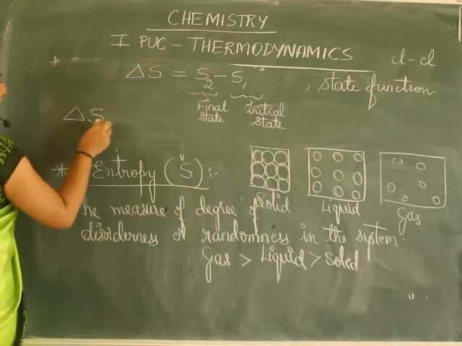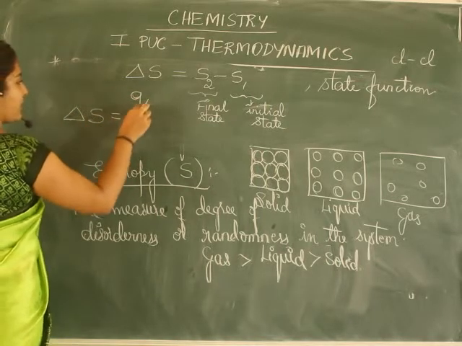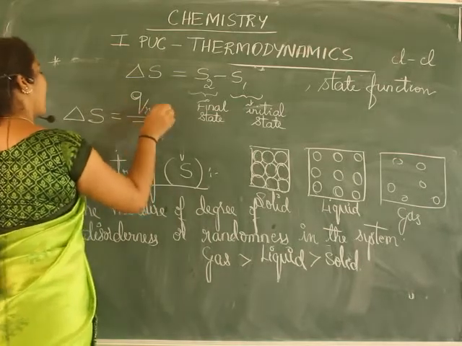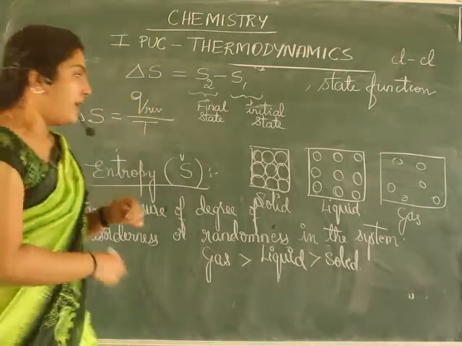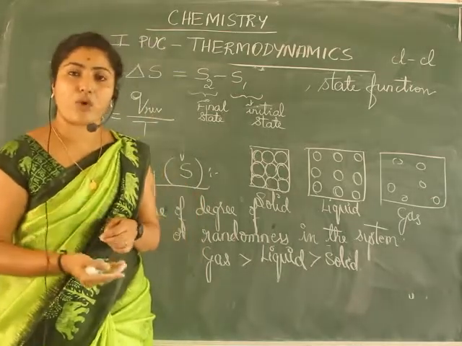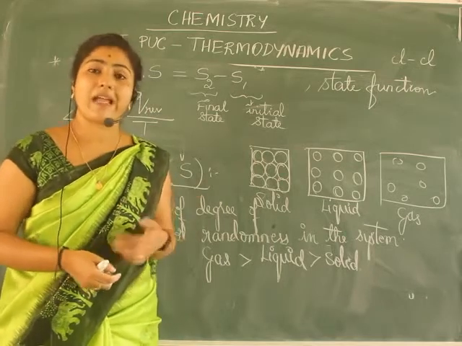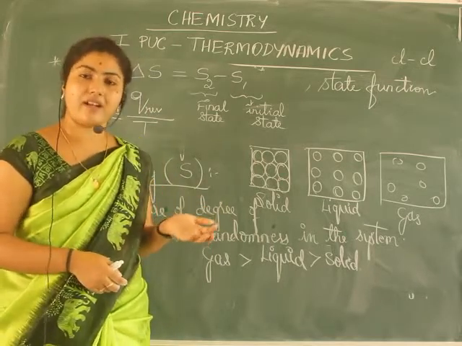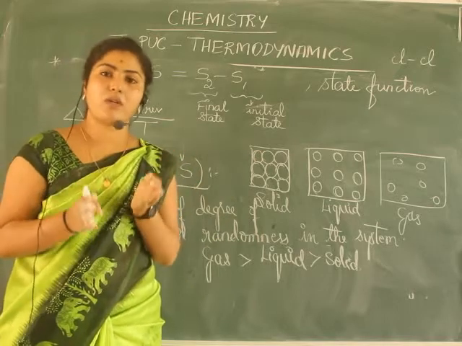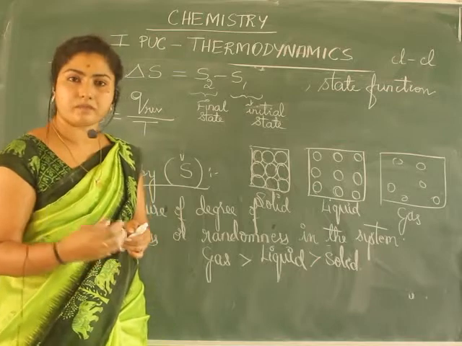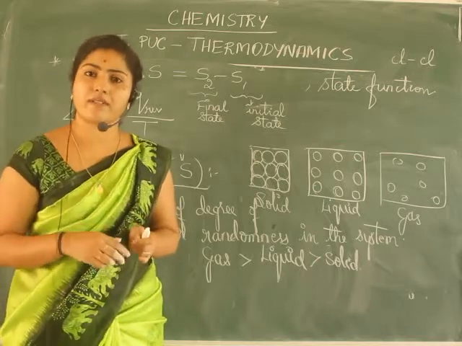There are a few other expressions for change in entropy. Change in entropy can be given as Q by T. Q means heat, T means temperature. So Q by T, that is Q reversible by T. If you increase temperature, or if you supply heat to the system, what happens to entropy? Entropy increases, isn't it? Take normal water at room temperature and start heating it.